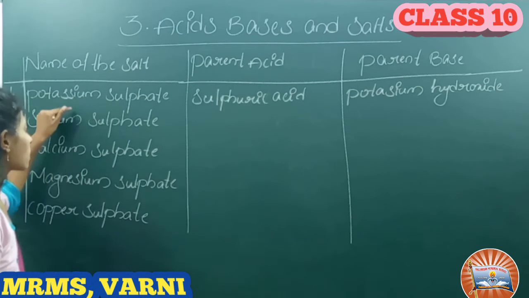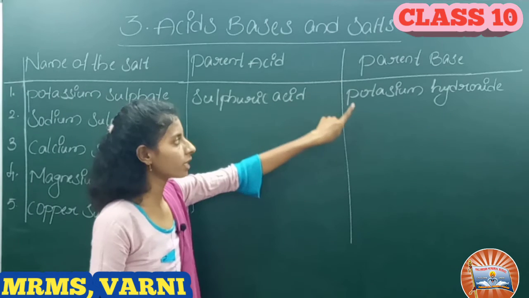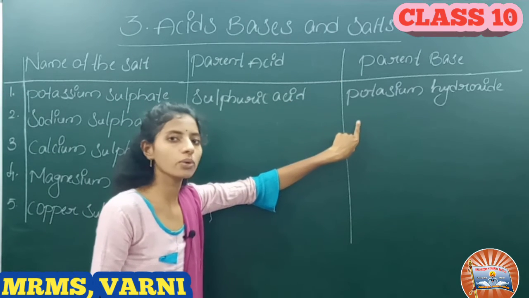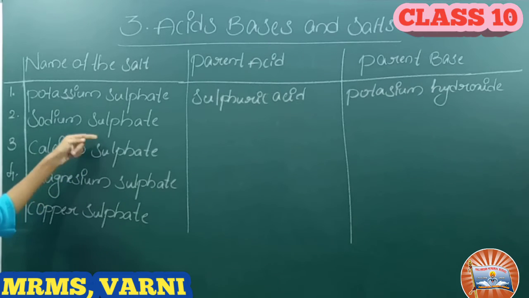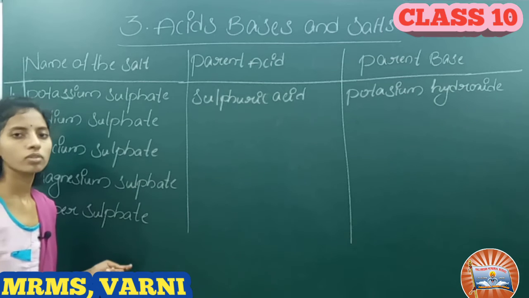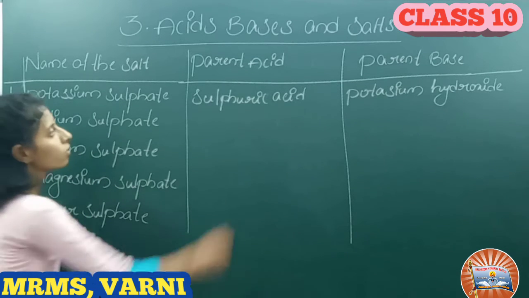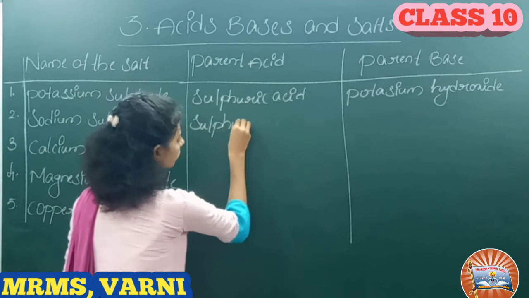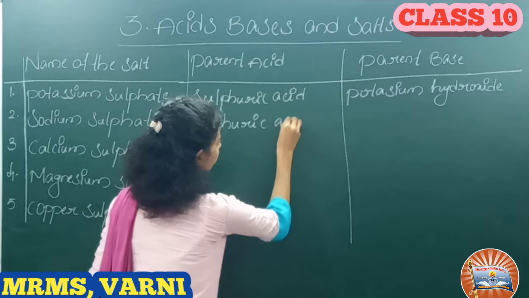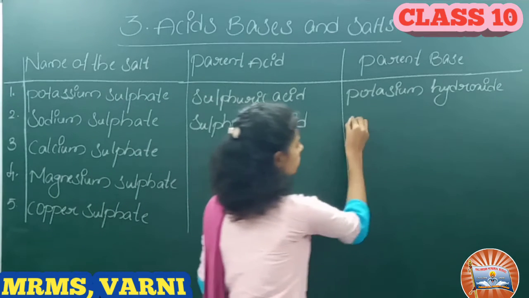Okay. So this salt is obtained from the parent acid as a sulfuric acid and parent base as a potassium hydroxide. Okay. And come to the next one, sodium sulfate. So to prepare sodium sulfate, which type of acid and base we will use? So nothing but here, to prepare this sodium sulfate salt, we will take the parent acid, that is sulfuric acid, and base is a sodium hydroxide.